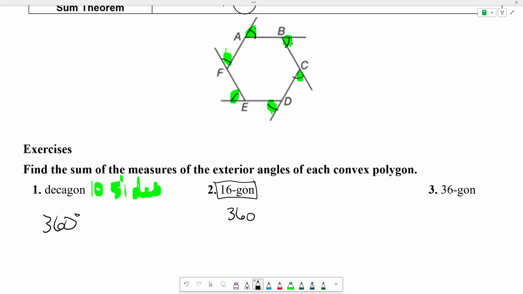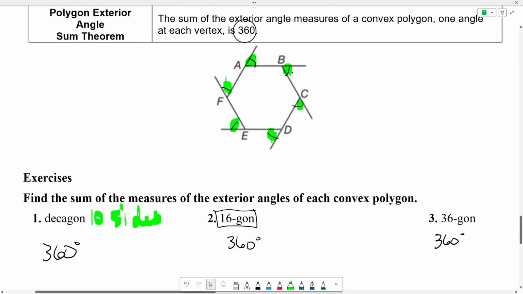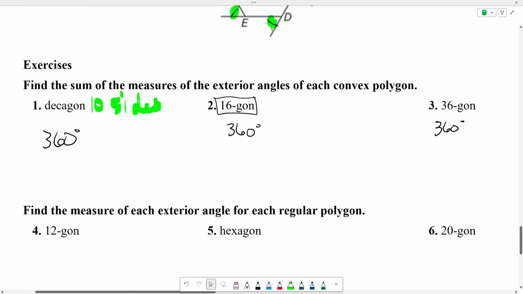It's 360 degrees. And what about if it has 36 sides? You got it. 360 degrees. Polygon exterior angle sum theorem says if you add up one angle at each vertex, then they add up to 360.